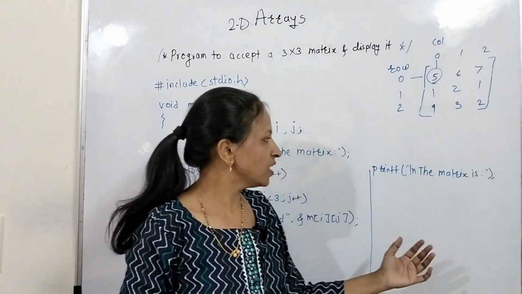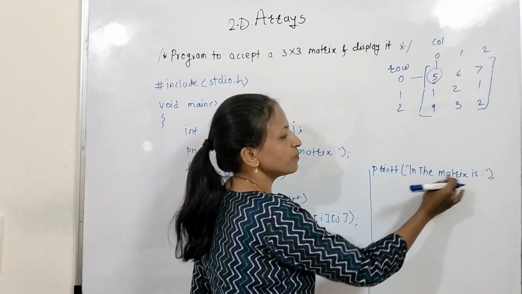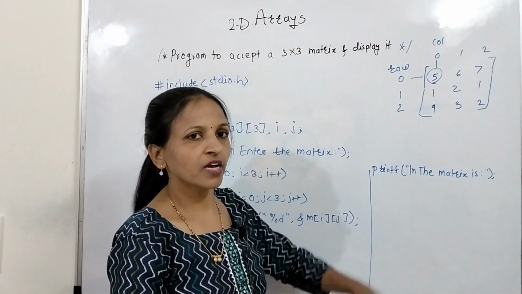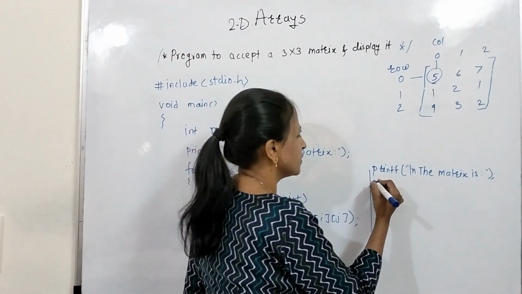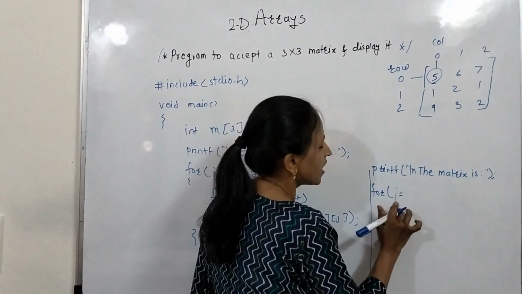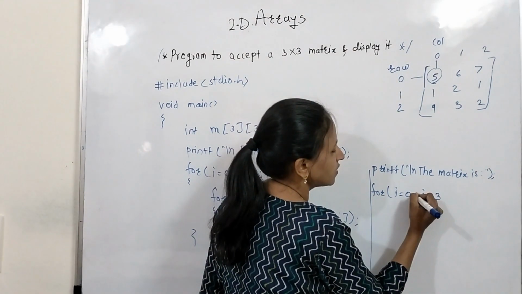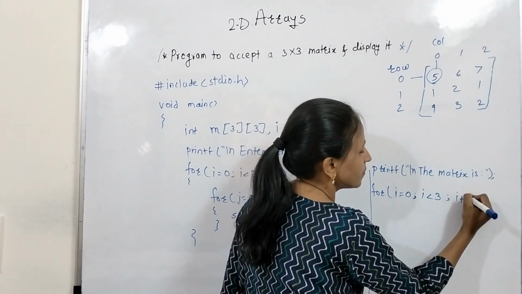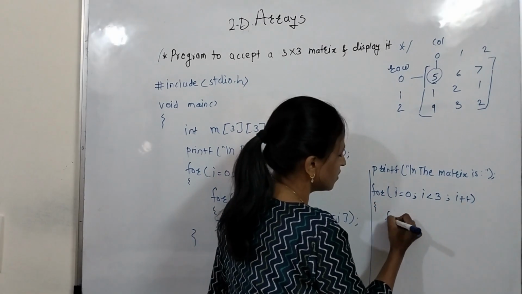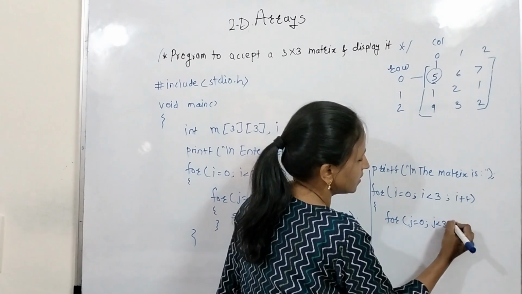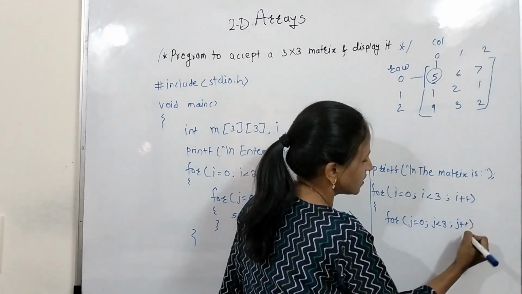Now how to display? Here I have written the matrices. Now we have to display the matrix in this same way. Again put the nested loop, like for i equals 0, i less than 3, i plus plus. Again the same thing, for j equals 0, j less than 3, j plus plus.